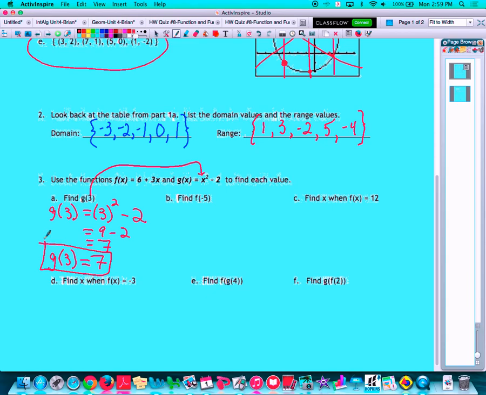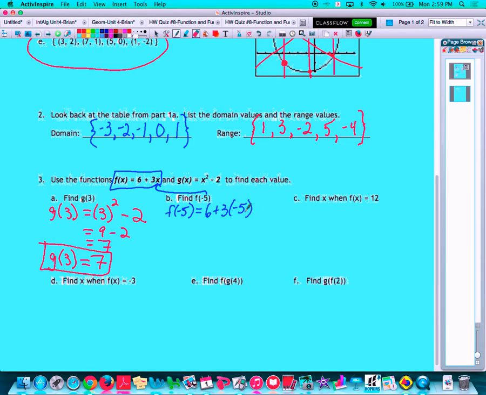F of -5. So if we're looking at the f function, that means that we're changing over to the one with the letter f. And again, -5 in the parentheses means that's the input. So we're going to put -5 into the x spot for the f function over here. So f of -5 is equal to 6 plus 3 times -5.